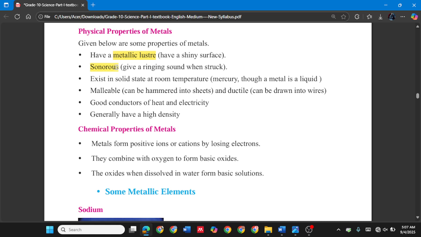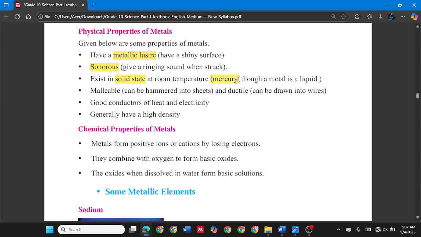You already know these things because we learned them in previous grades. Sonorous means a ringing sound when struck. Exists in solid state at room temperature. There's an exception, it's mercury.